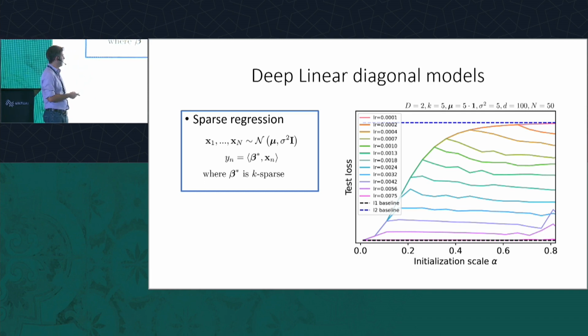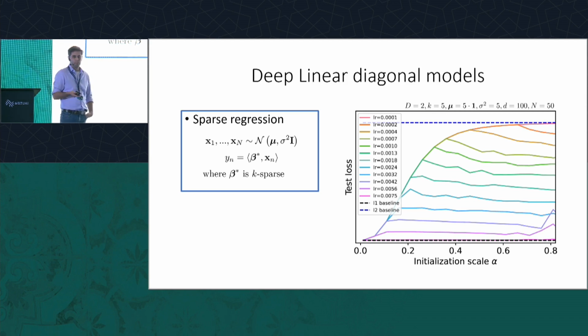What we see is that with a very small learning rate, for small initialization scale, we get the rich regime, which was proven before to have good generalization. For high initialization scale, we get the kernel regime, which has bad generalization in this sparse regression setting. However, when we increase the step size, the generalization improves until, at the maximal step size we can use, we're actually close to the rich regime.